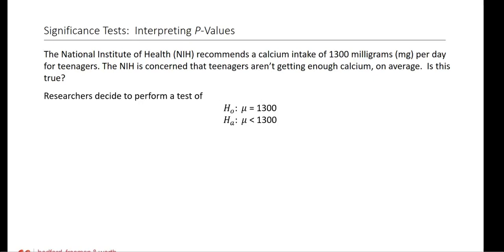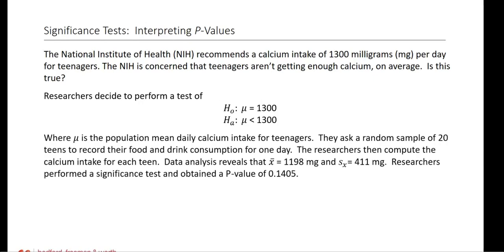Notice we use mu because it's a parameter. But they think teenagers aren't getting enough. That was their hypothesis before they did any testing or any sampling. So the alternate is definitely less than in this case. That's a one-sided test, by the way. Where mu is the population mean daily calcium intake for teenagers.